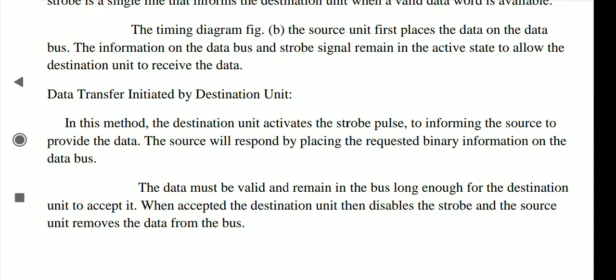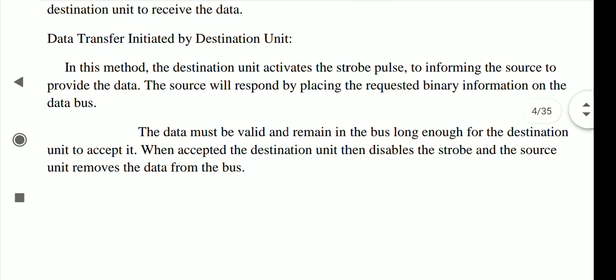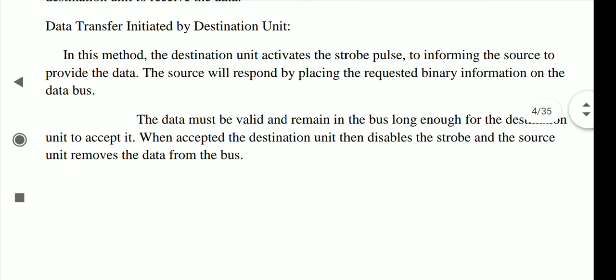Destination-initiated data transfer: in this technique, the destination unit activates the strobe pulse to inform the source to provide the data. The source responds by placing the requested binary information on the data bus. The data must be valid and remain on the bus long enough for the destination unit to accept it.